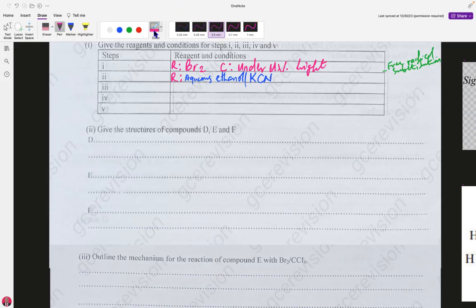Now, what are the conditions? The condition for this reaction is that you must heat under reflux in aqueous ethanol. Heat under reflux. That is the condition.